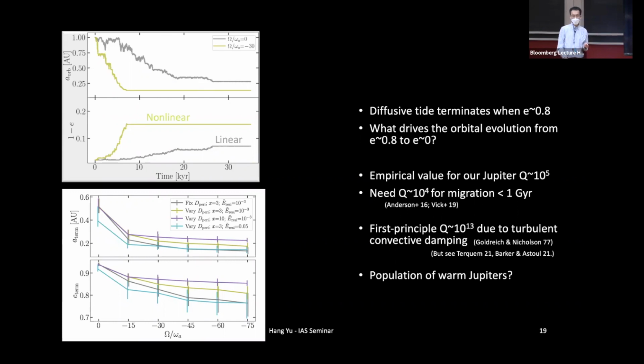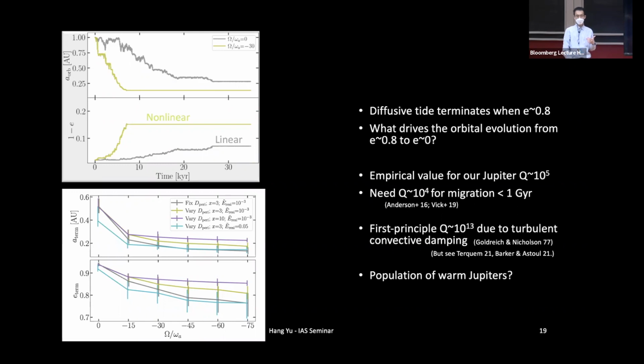We don't really know how to make the damping on the equilibrium tide so efficient. If we just do a first principles calculation based on our current understanding of turbulence effects, the quality factor we can get on the equilibrium tide is only 10^13. That's way too inefficient compared to the 10^4 value needed.